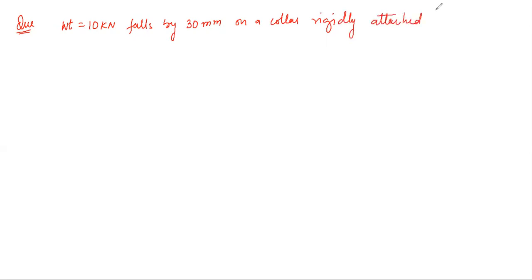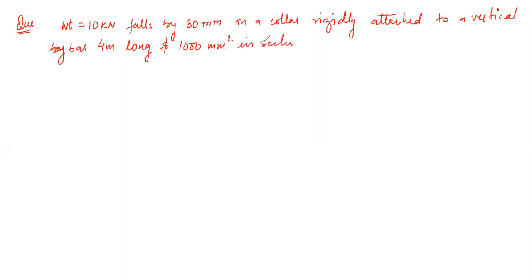In this question, a weight of 10 kilonewton falls by 30 mm on a collar that is rigidly attached to a vertical bar 4 meter long and 1000 millimeter square in section, right?